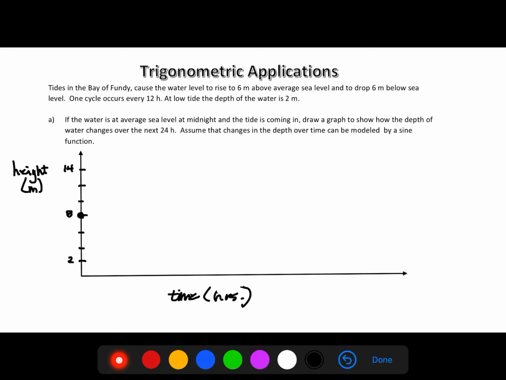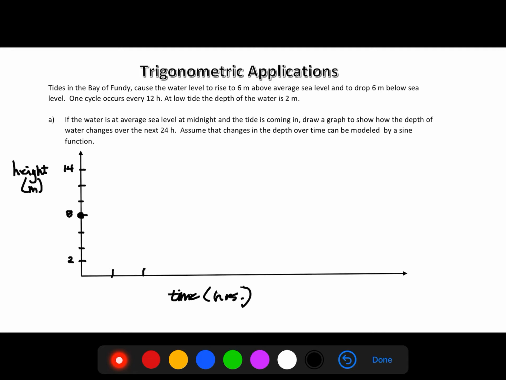We want 24 hours, which means that in a 12-hour period, if this is going to look like our sine function, we're going to go from the middle to the max, to the middle, to the min, and back to the middle in 12 hours. So 2 cycles is going to give us 24 hours.